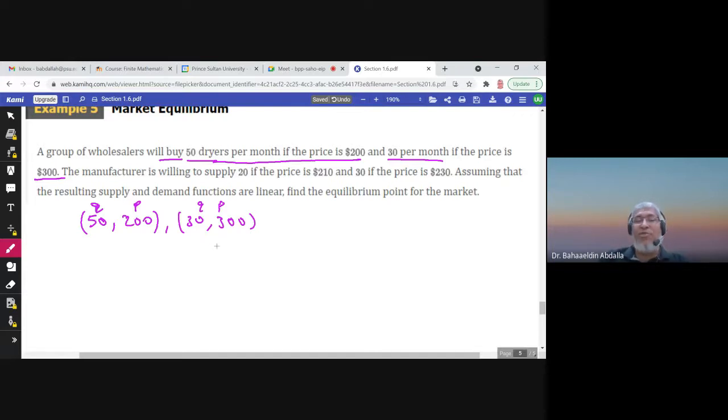Remember, the demand equation is a linear equation, or the demand function is a linear function. So it's enough to know 2 points, and we can use the equation y minus y1 equals m times x minus x1. But y here is P, so we can say P minus P1 equals m times Q minus Q1.